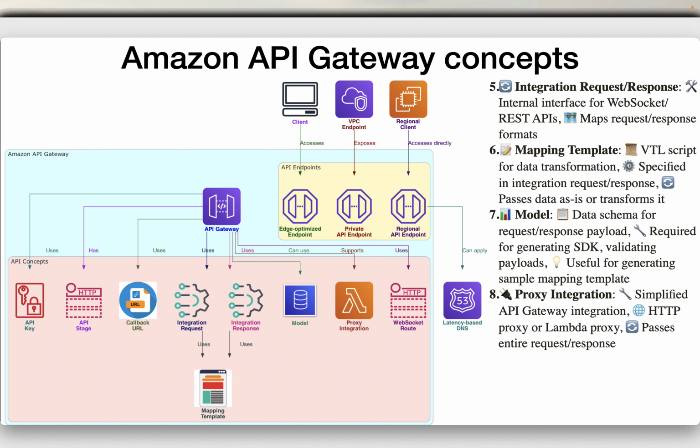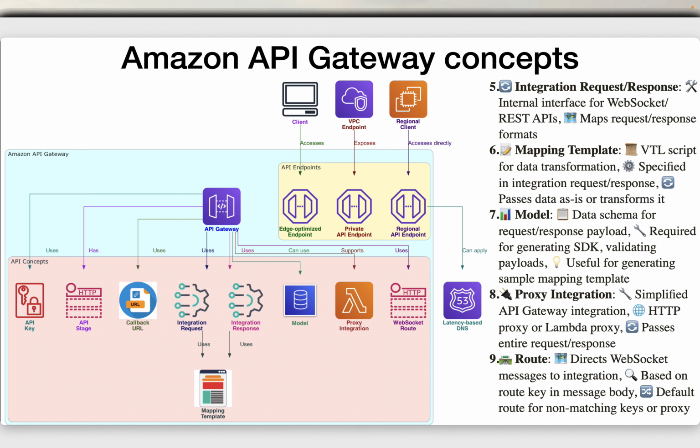For Lambda proxy integration, API gateway sends the entire request as input to the backend Lambda function. API gateway then transforms the Lambda function output to the front-end HTTP response. In REST APIs, proxy integration is most commonly used with a proxy resource, which is represented by a greedy path variable, for example something like proxy plus, combined with the catch-all ANY method. So this is something internal details.